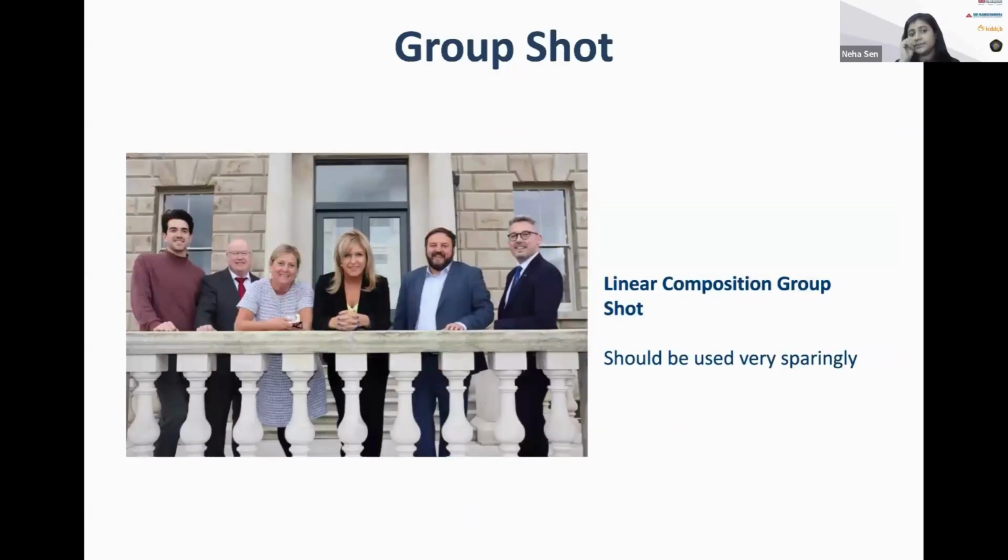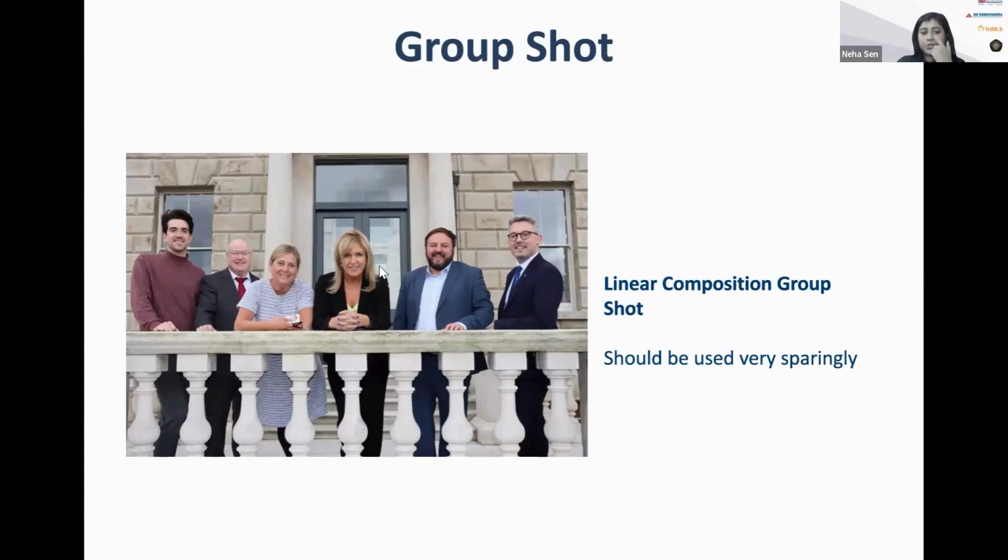This is again an example of a group shot. And this particular group shot is forming a very specific composition. It's forming a linear composition. I would say use it very sparingly. In this particular image, there is a prop. So what the photographer has managed to do is he's been like, ladies, can you move forward?